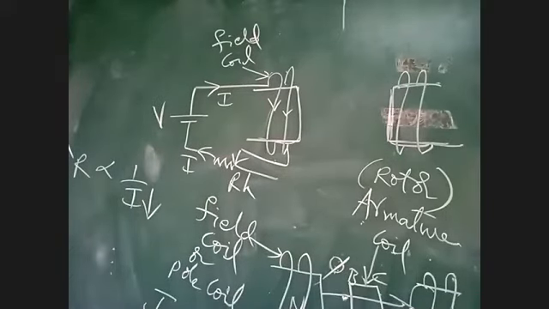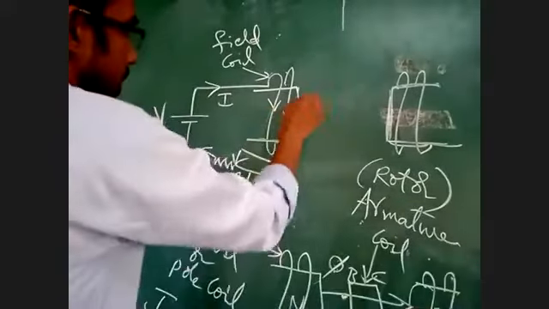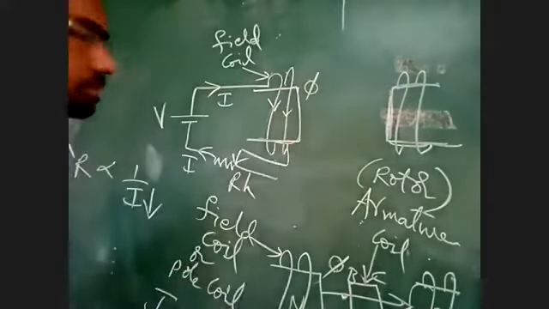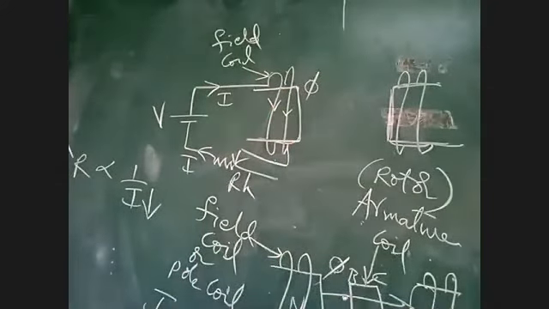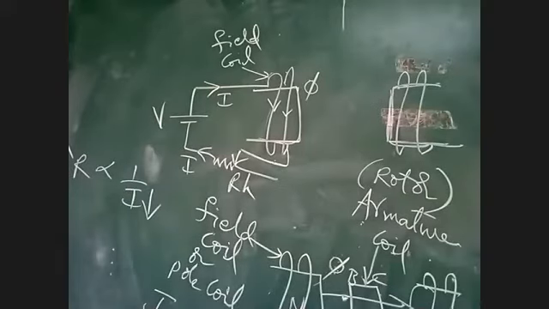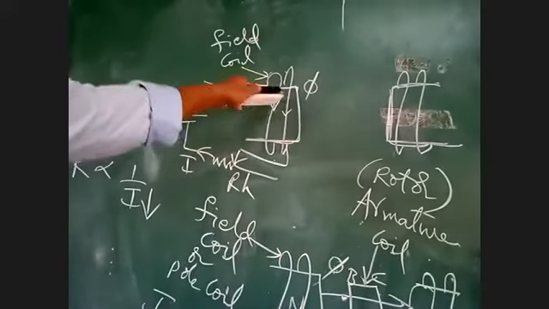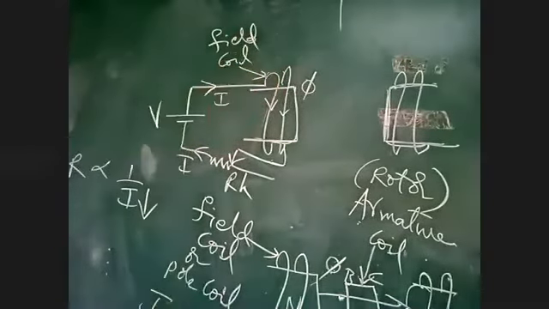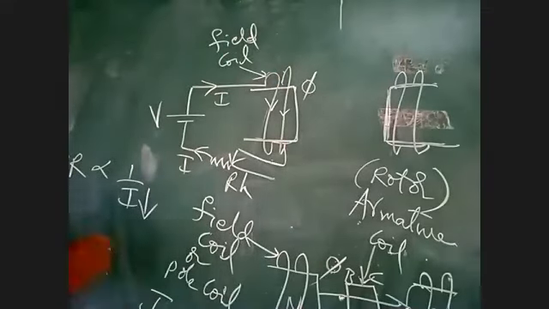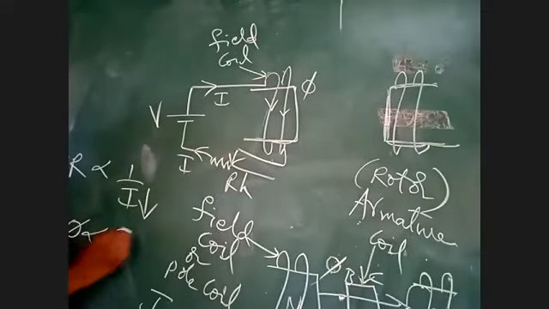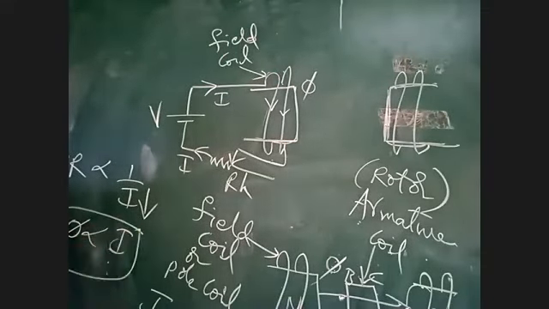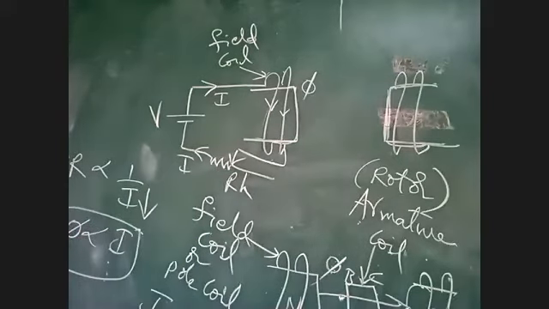Now when current is flowing through this coil, around the current carrying conductor, magnetic flux is generated. Flux is directly proportional to the current. If current is more, flux will be more.